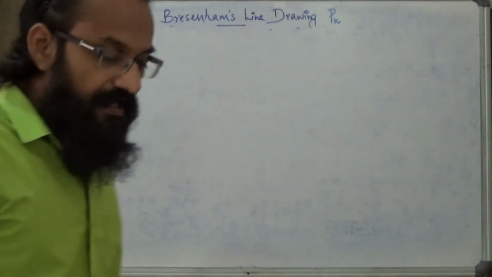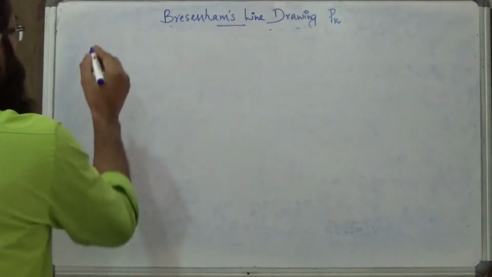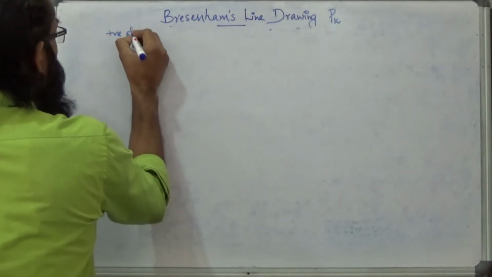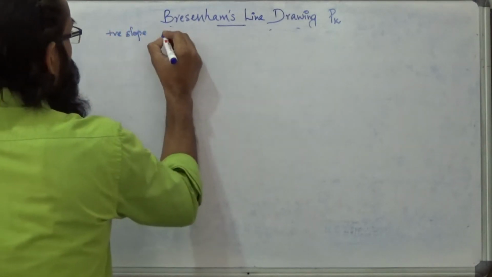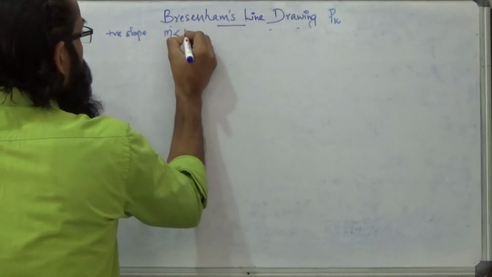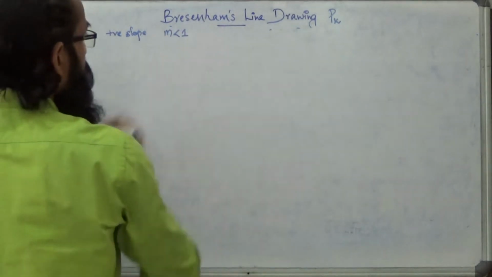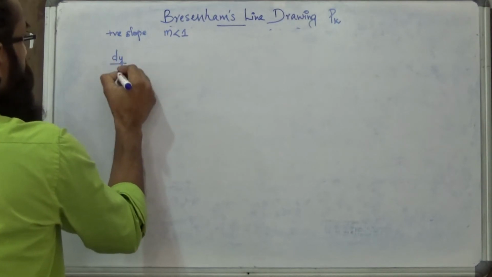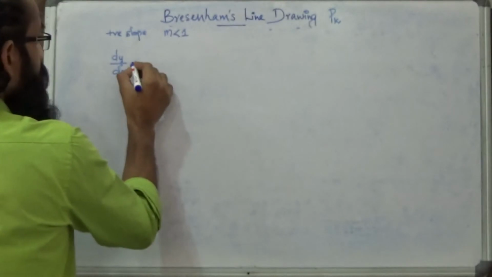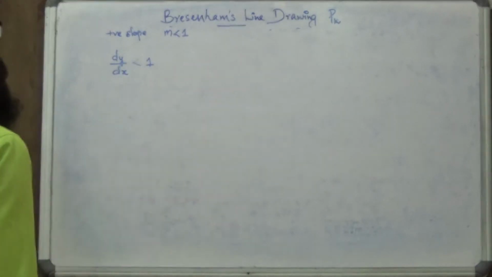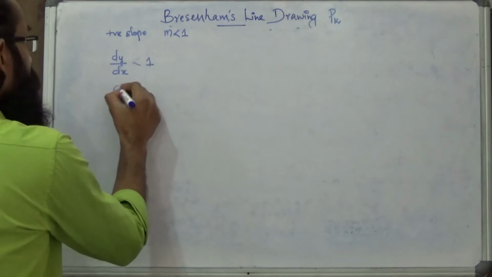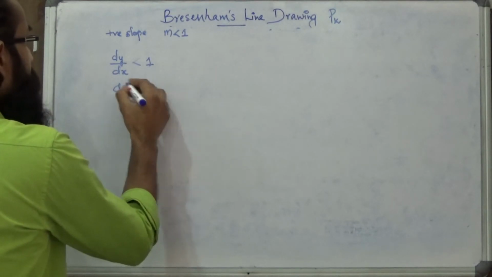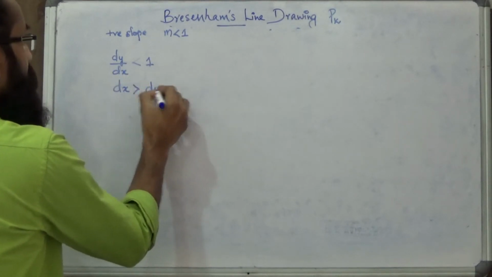So, let us consider a line with positive slope with m less than 1. M less than 1 in the sense, if you consider slope, that is dy by dx, and if dy by dx is less than 1, then that means dx is greater than dy.